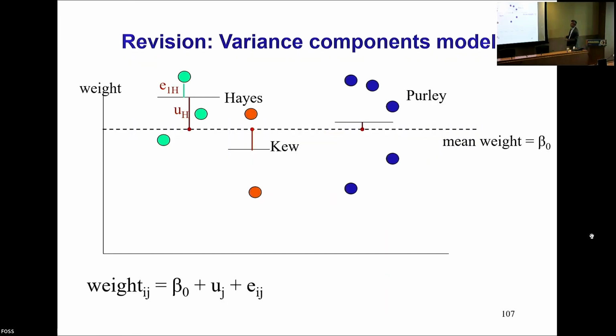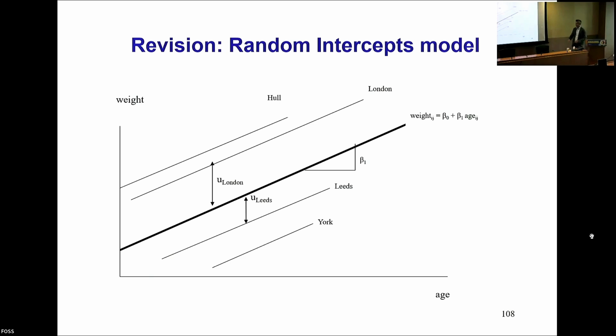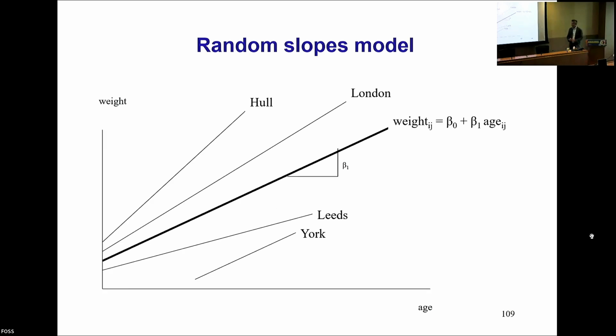And so for the final set of models that we'll look at today, we're looking at a random slopes model. So this is the variance components model with no explanatory terms. This is the random intercepts model with one explanatory term in there. And this is a random slopes model. So here you can see that the slopes at the group level are no longer parallel.